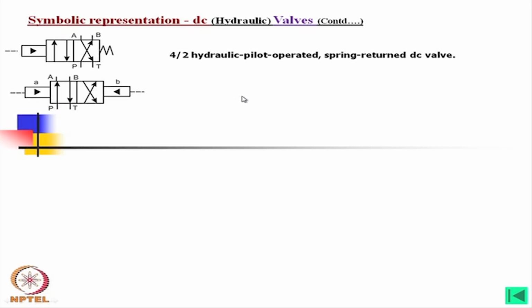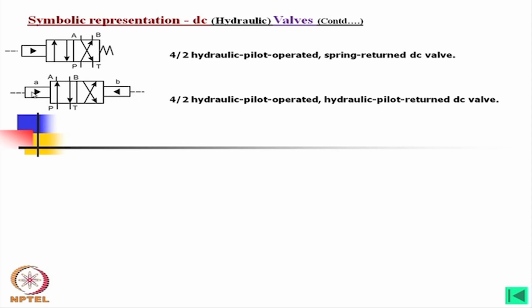Now, this is another valve, and we have seen the first one. Then in side B also more or less the same symbols are there. Then this is a 4/2 hydraulic pilot operated, hydraulic pilot return DC valve. This means that on both sides there is a hydraulic actuator to operate this spool.